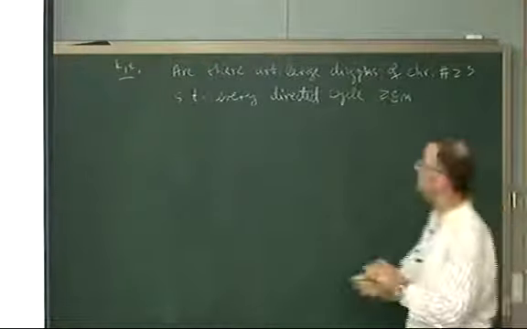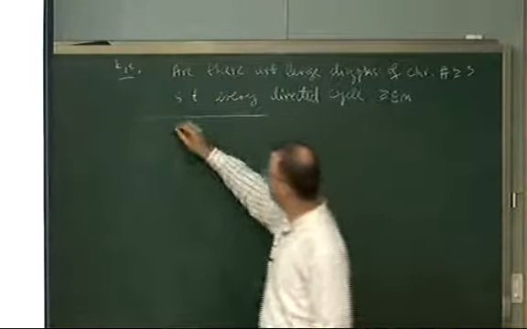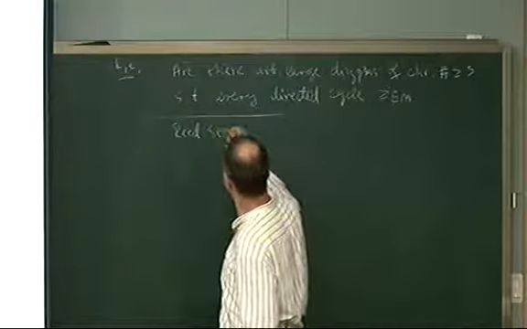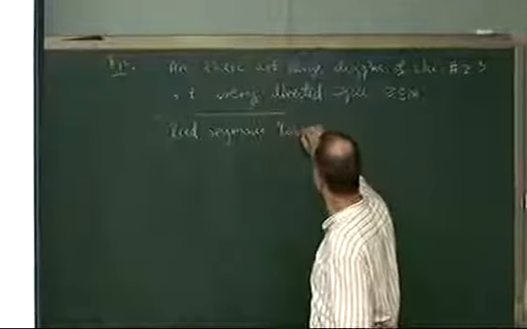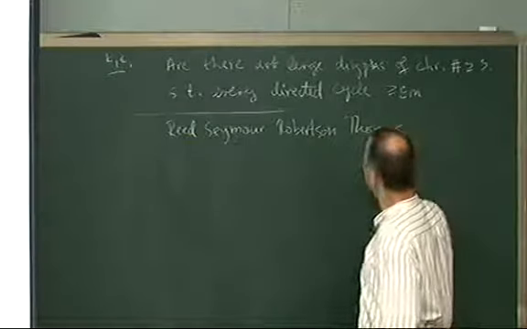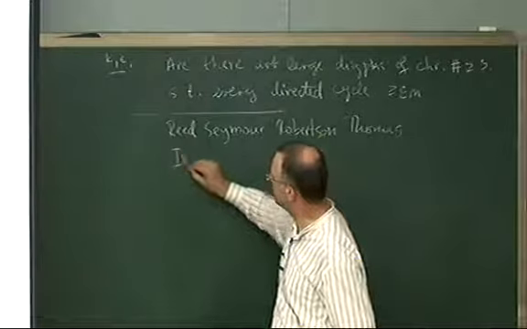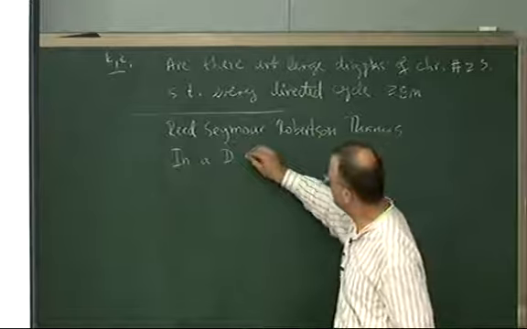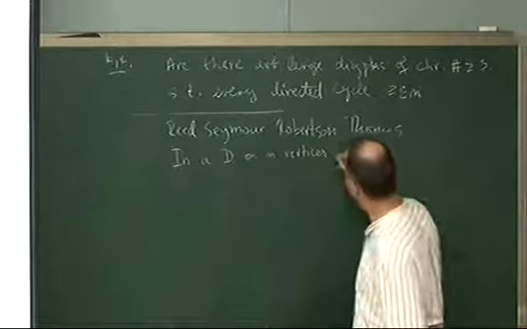So why is this true? Now I will recall a theorem of Reed, Seymour, Robertson, and Thomas. They proved the version of the Erdős–Pósa theorem for digraphs. In a digraph on n vertices, there are 2 outcomes.